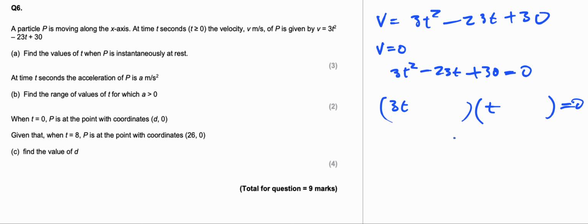So we have 3 and 10. 6 and 5, 5 and 6 as the most likely options. So 30 and 3, nope. 9 and 10, nope. 15 and 6, no. 18 and 3, 18 and 3.